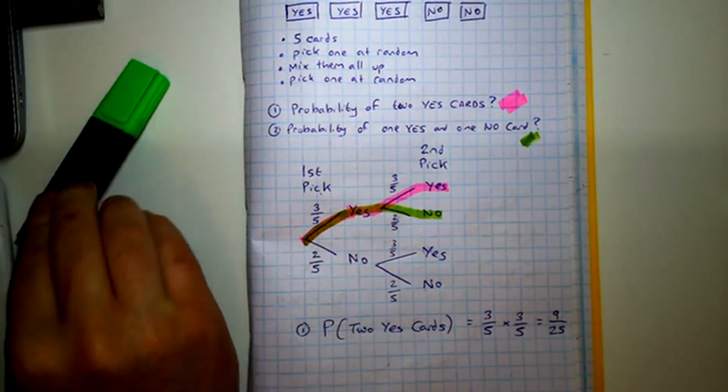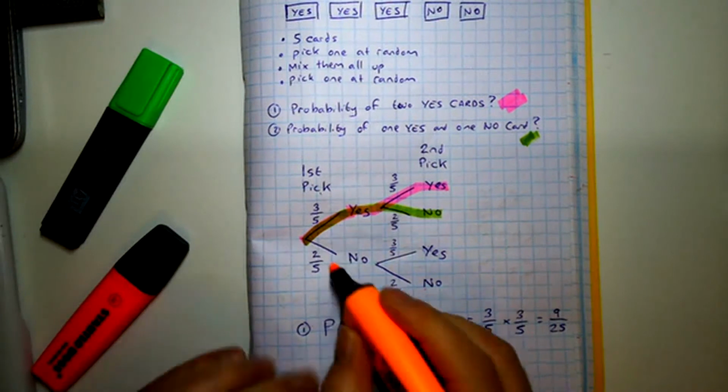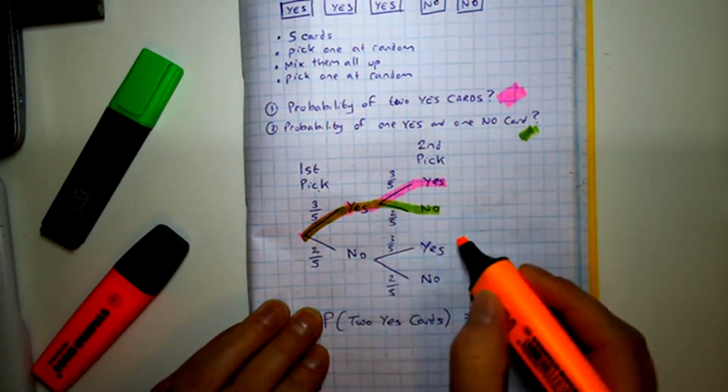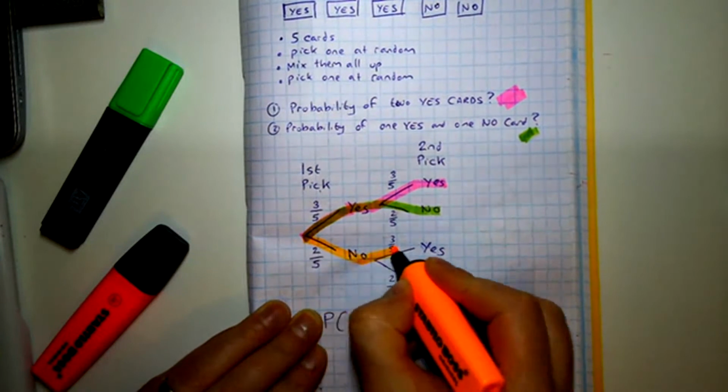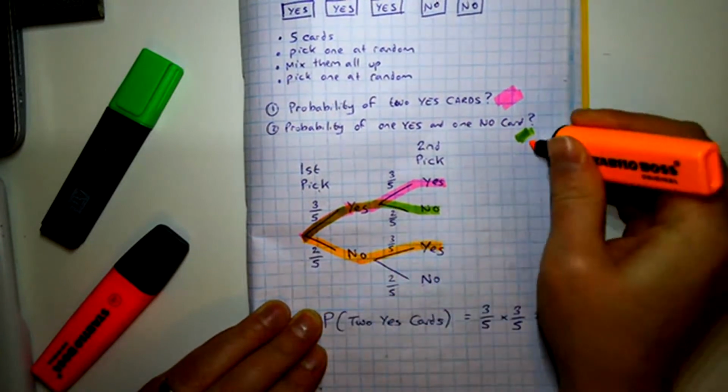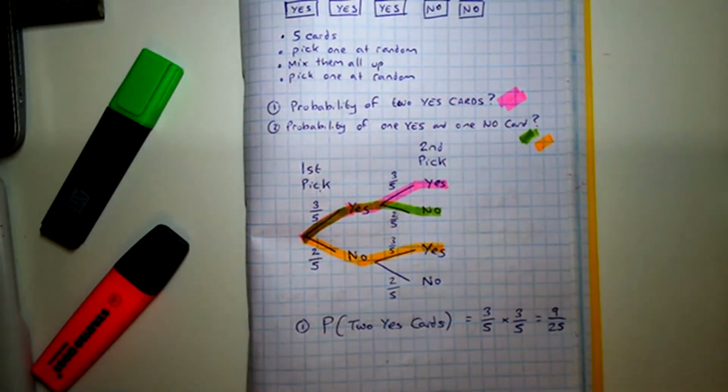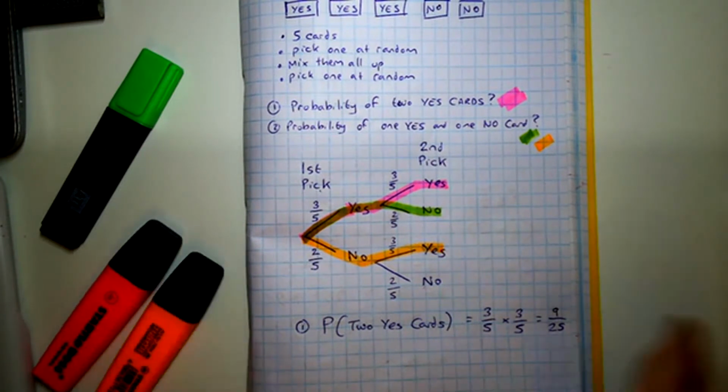But there is another way of doing it. If I look at the branches, if I get no first and then yes, that also works. So I've got 2 other timelines, 2 other possible things that could happen.